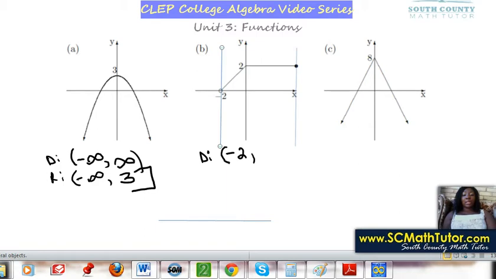Since they didn't tell us what that point is, I'm going to assume that it's an arrow. If you hit an arrow, that means it goes on forever, so it's negative 2 to infinity. Infinities always have parentheses.